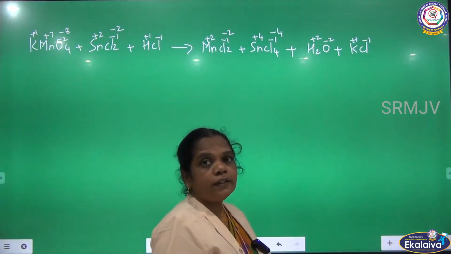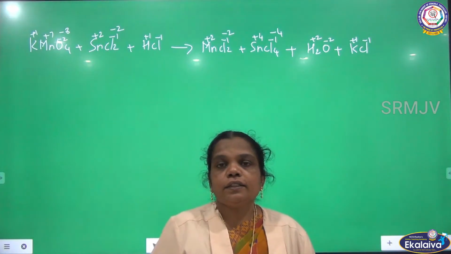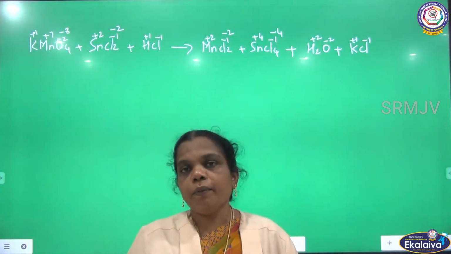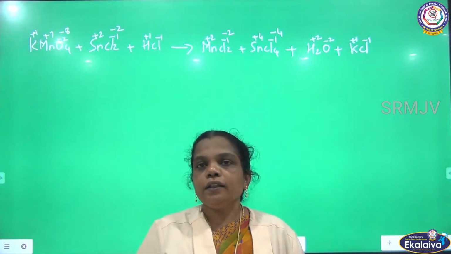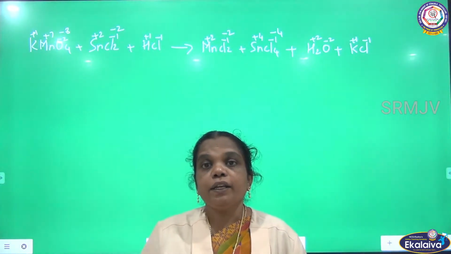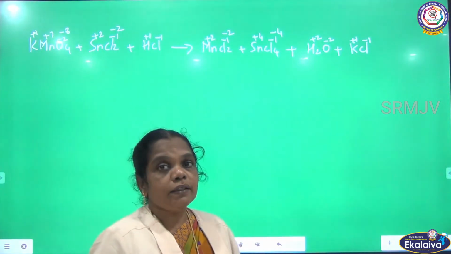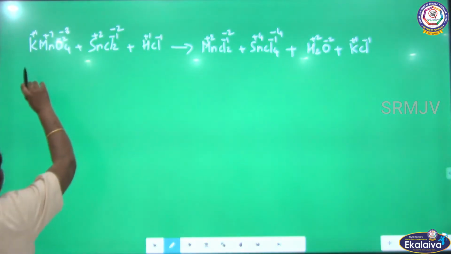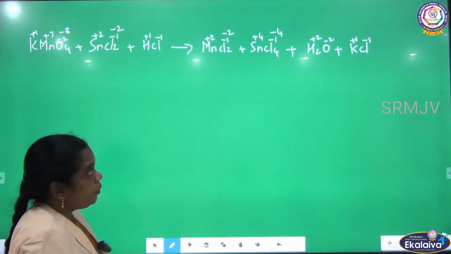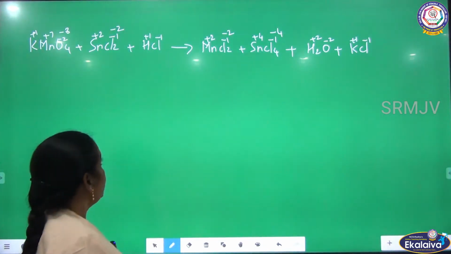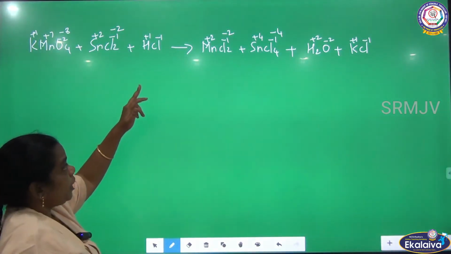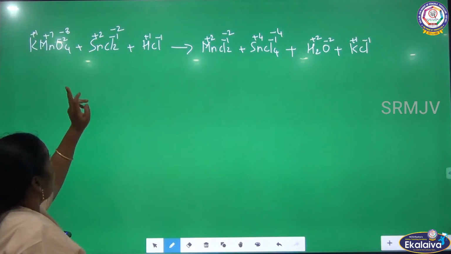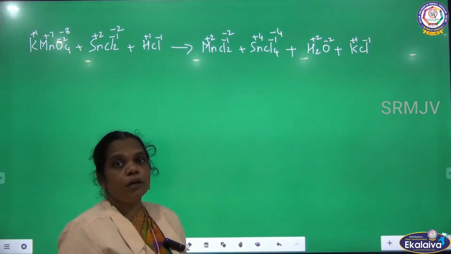Now we have to assign the oxidation number for all the elements in the given compounds, and then see where the oxidation number is increasing and decreasing. By this you can find out oxidation and reduction. Potassium in all combinations has +1 oxidation, chlorine has -1 oxidation and oxygen has -2 oxidation.